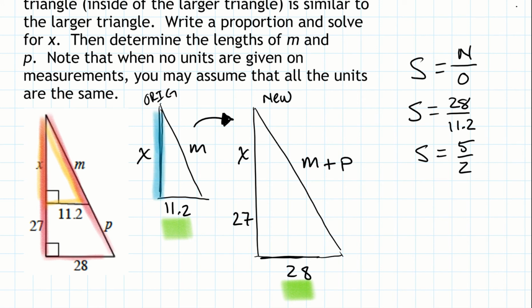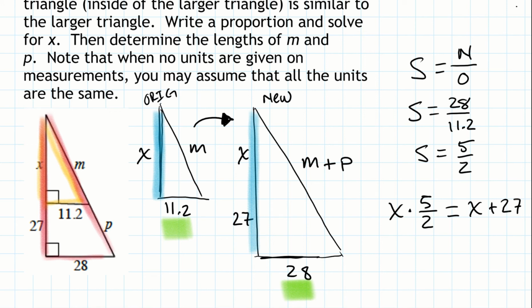I'm going to go from this x to this dimension. If I take the old dimension, which is x, and I multiply that by my scale factor of 5/2, I get the new dimension, which is x plus 27.